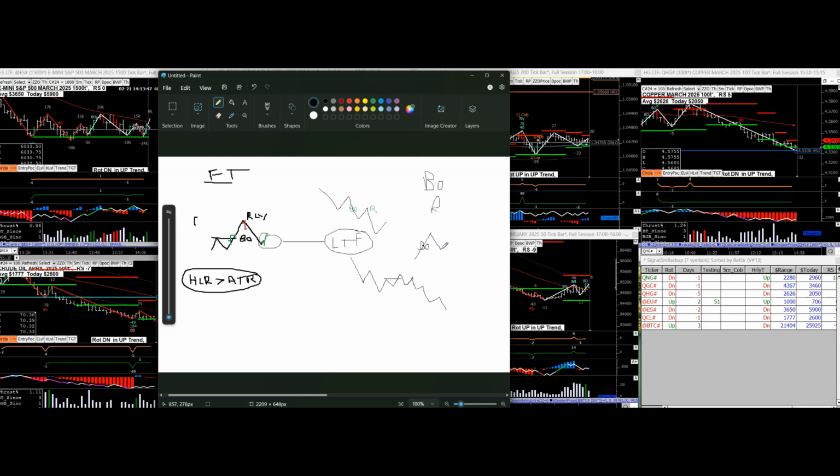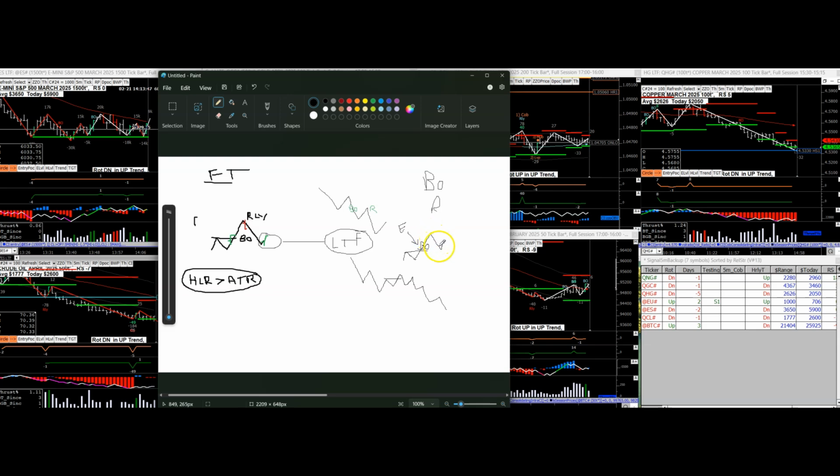That pullback will then offer a reversal. So you have this entry opportunity, but it's not a great entry opportunity because of the risks involved. The risk is quite large, all the way up here at a prior high.